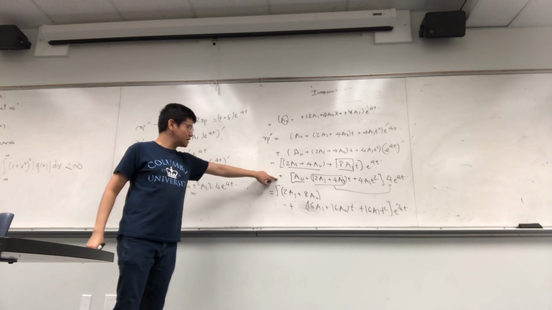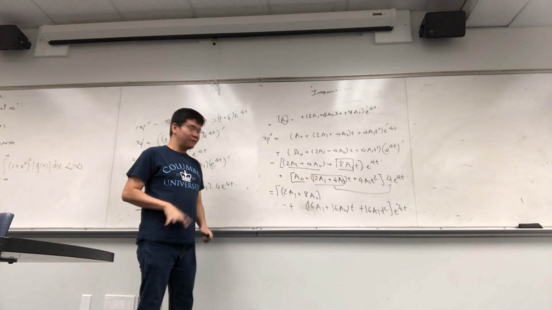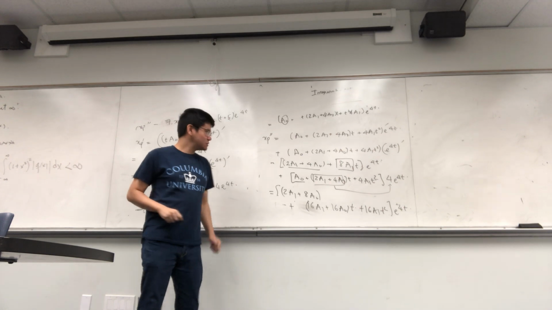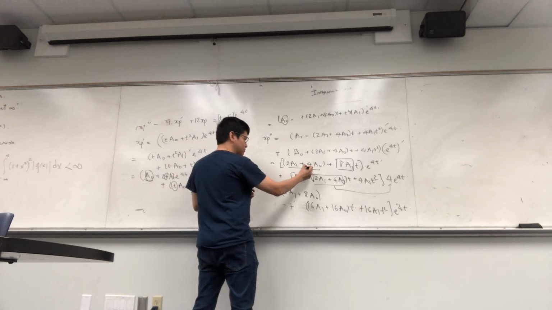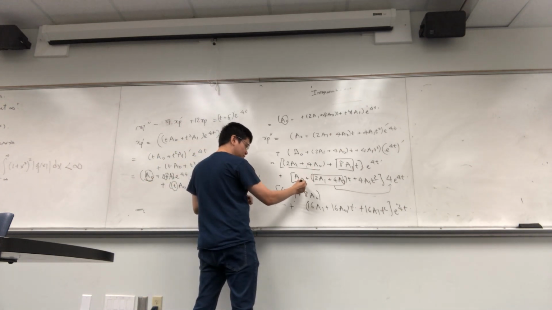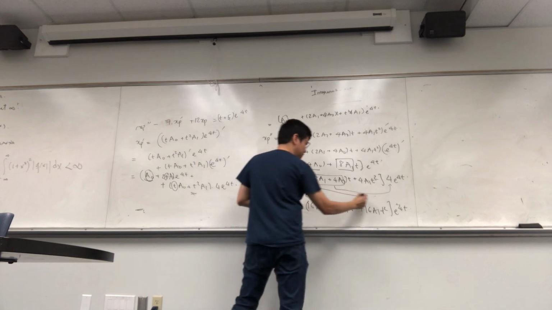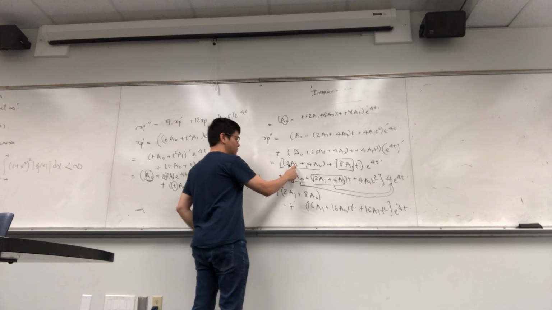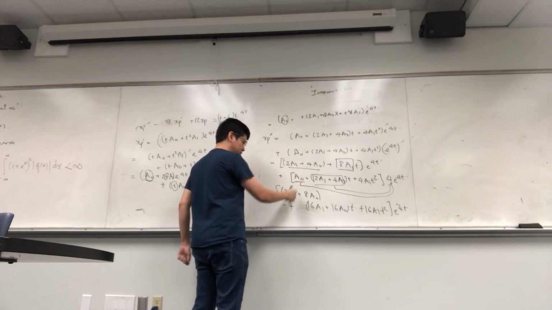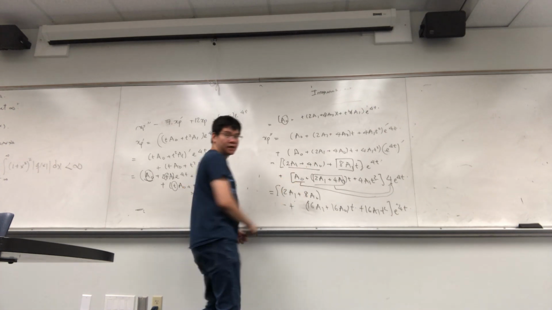So at this step, I have this constant. Now I have to group all of the constants together. So I'm going to group this guy and the constant for a0 here. So the a0 here is times 4, right? So I have 2a1 plus 4a0 plus 4a0, which is 2a1 plus 8a0.